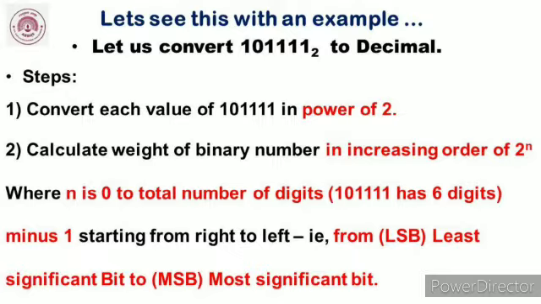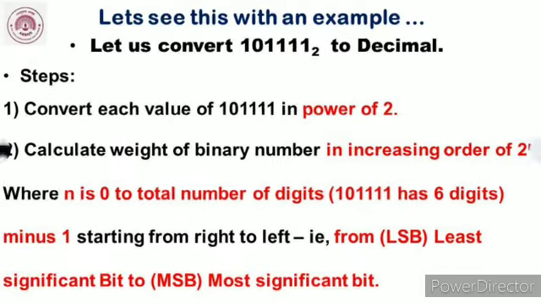Calculate weight of binary number in increasing order of 2 raised to n, where n is 0 to total number of digits minus 1. Now here the total number of digits are 6. So we'll go for 6 minus 1. Now starting from right to left, that is from the least significant bit to most significant bit.